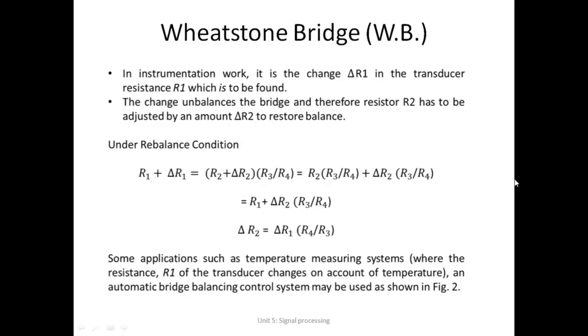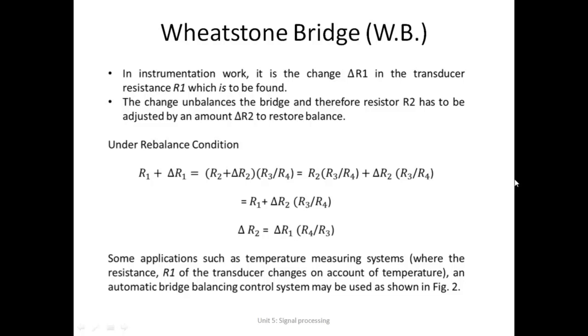So when I place all these values, I can calculate the value of delta R1. This delta R1 was the change in resistance that occurred in that particular transducer, corresponding to the change in the physical parameter. If the pressure changes, the strain gauge resistance changes from R1 to R1 plus delta R1, and delta R2 is intentionally introduced into the circuit to bring it to null.